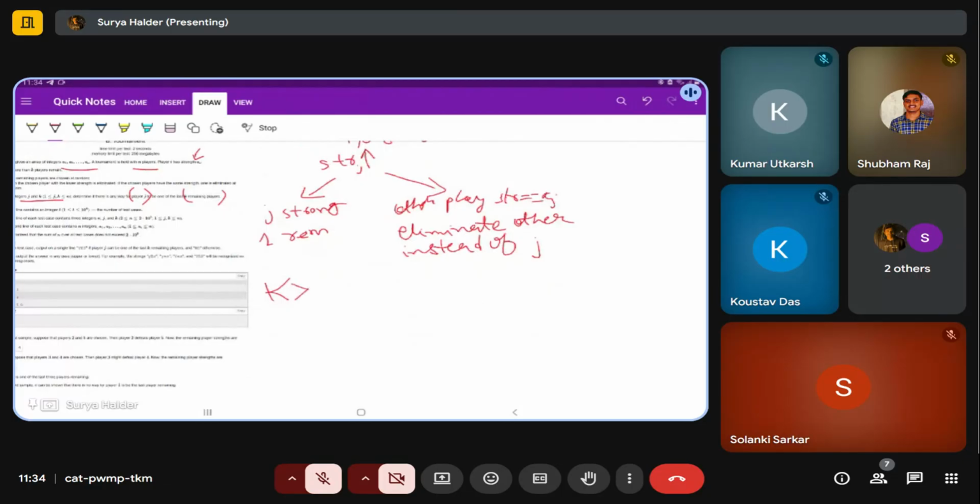And for k greater than 1, one thing is that my highest strength player will always survive till the last. So isn't it a good idea to eliminate other players using the high strength player?